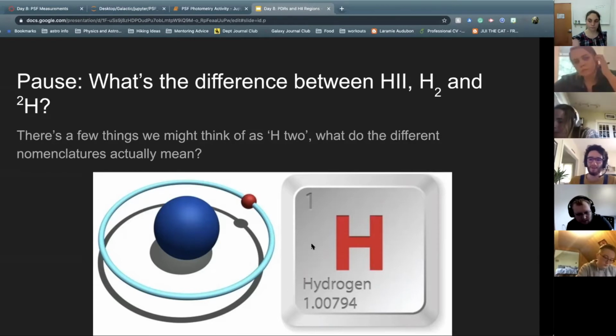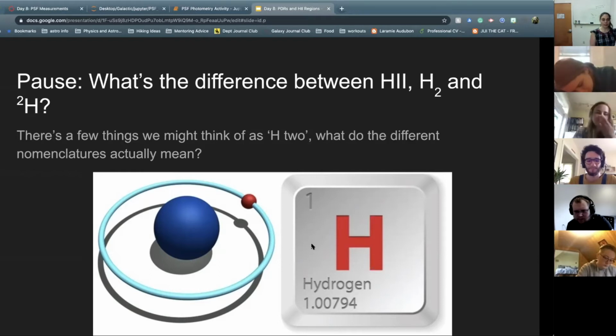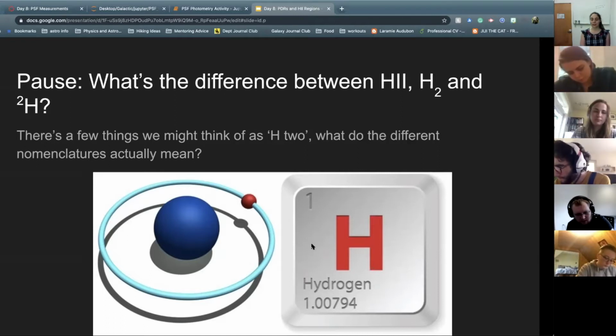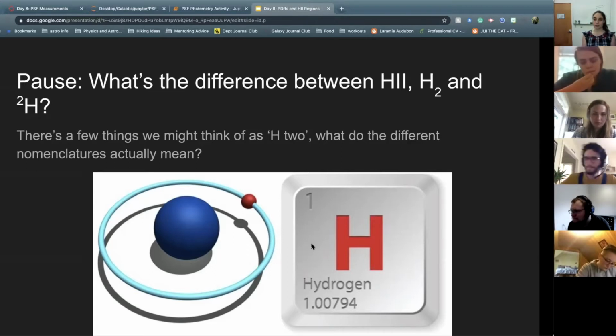So it would be a proton and a neutron. Yep, so H superscript 2 is deuterium, usually represented by a D, but occasionally as H2, so one proton, one neutron. So we have one more, H Roman numeral 2, which is what we're interested in.